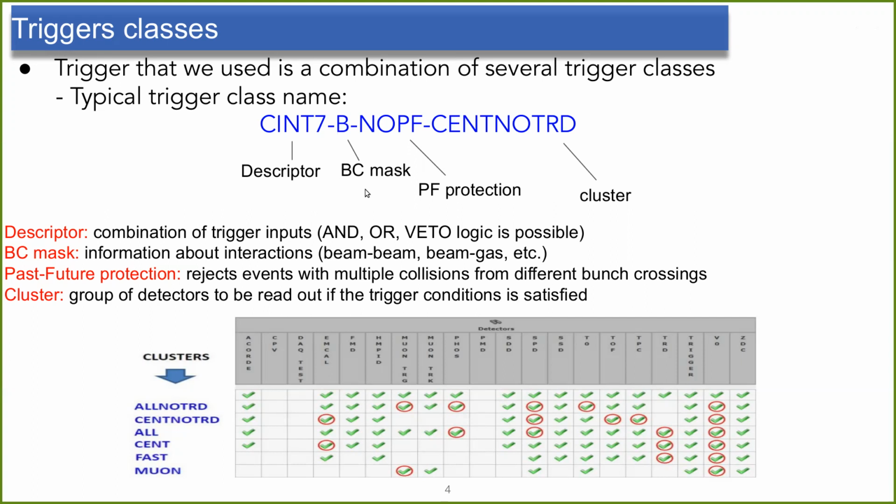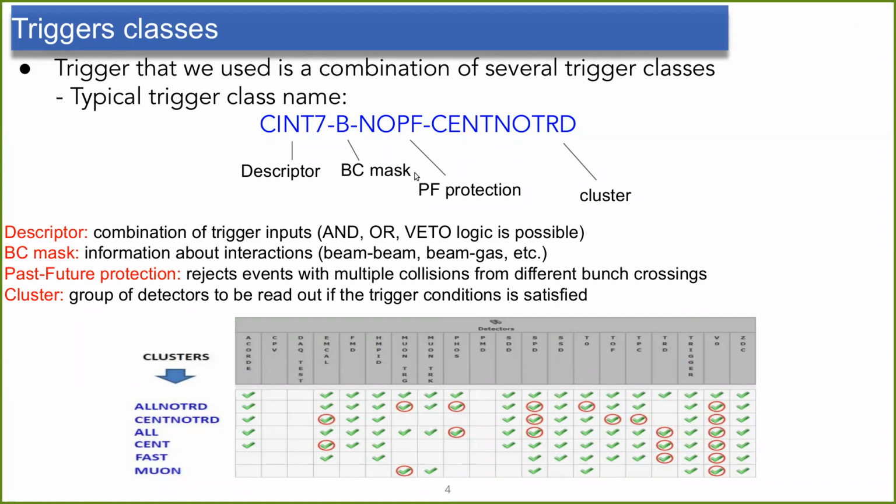That gives us the information about the collision: whether it is a proper event, that is a beam collision, or background, such as a beam-gas event. Then NOPF stores the information about past and future pileup, and using this information one can reject the pileup events. And the last part stores the information about the cluster.